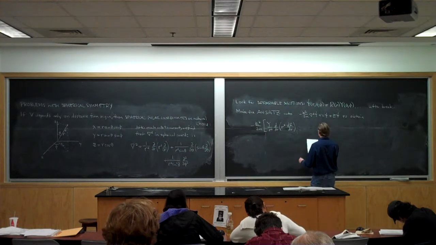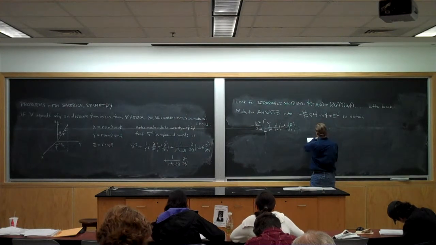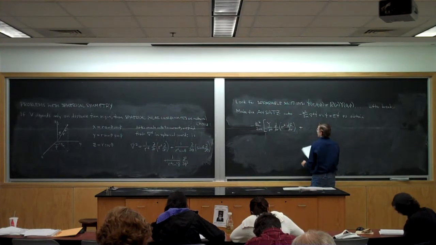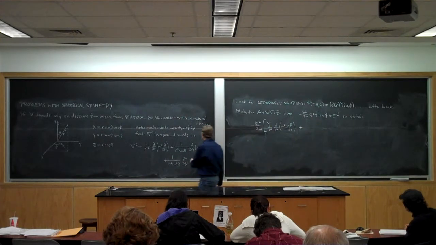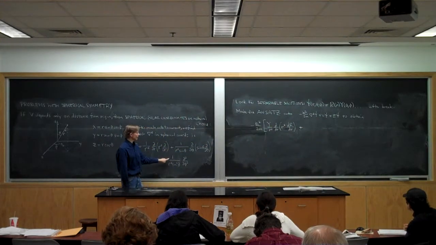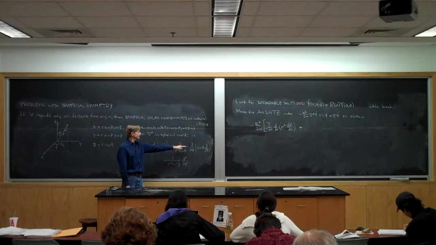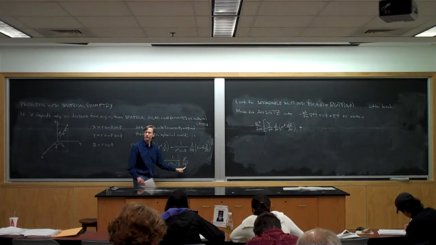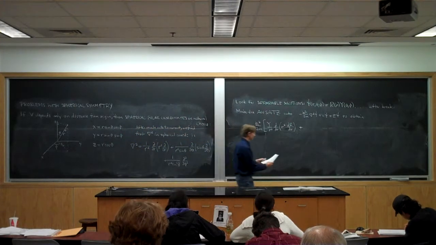And then we get plus, now for the second pieces, capital R pulls out to the front of those because it doesn't depend on theta and phi, which is what those differentiate with respect to.